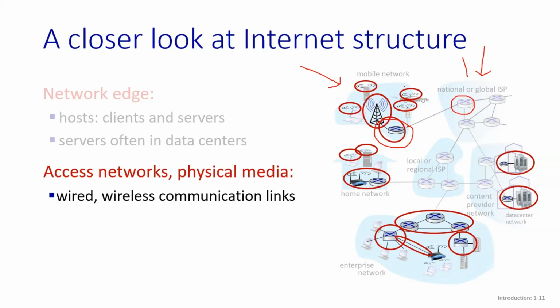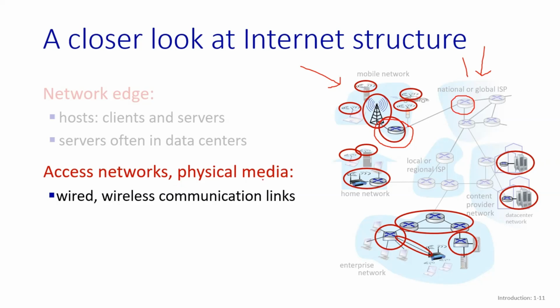So these two networks are connected together using these two edge routers. Access network is a jargon used in computer networking. Access networks are networks that physically connect an end system to the first router, which is the edge router, which in turn connects it to the other networks in the system.